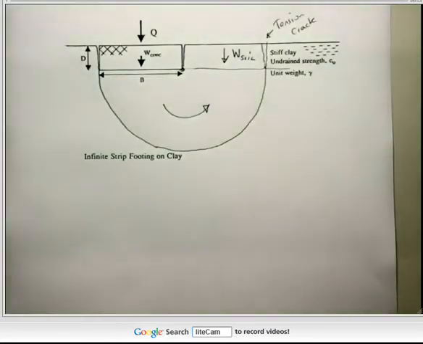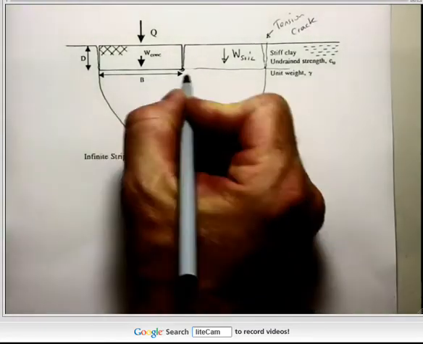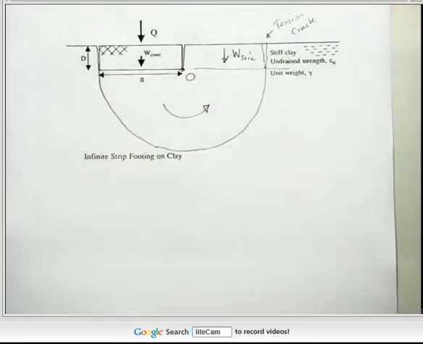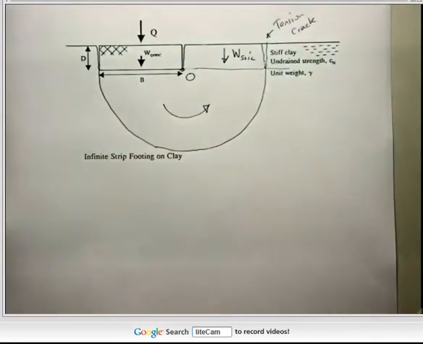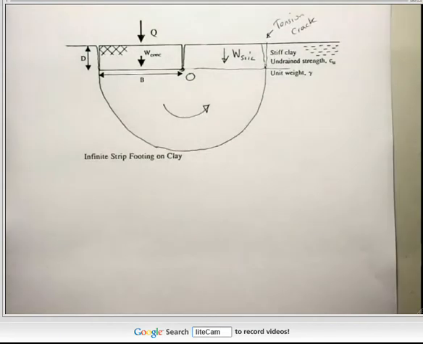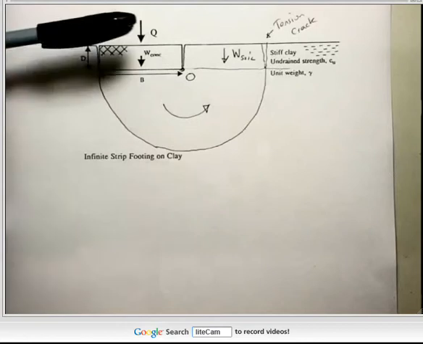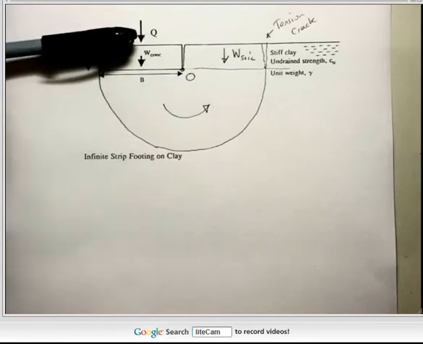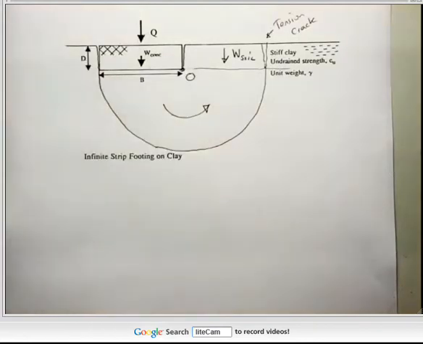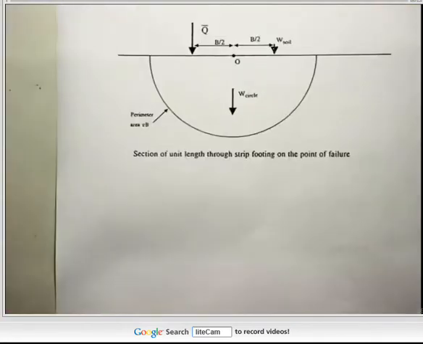Oh, well, the other thing I haven't labelled yet is I call this point of rotation O, a very common notation to use O for the centre of rotation. So I'm taking that and I'm going to idealise it into a false diagram. So I'm going to take that and I'm going to add the weight of the concrete in the foundation to the weight or to the load we're going to apply, and I'm going to put W soil on the other side, and I end up with something, as you've already seen by looking ahead in your notes, that looks like that.